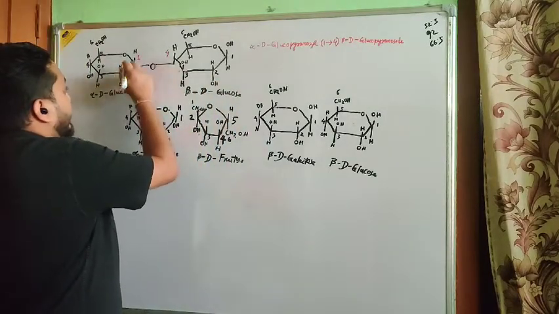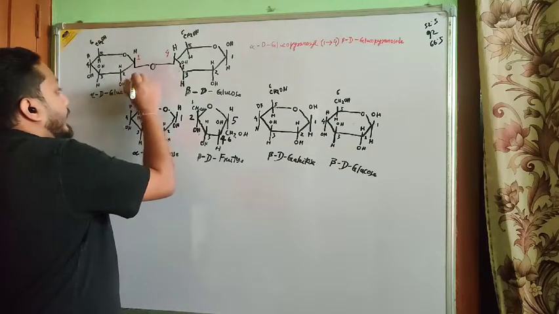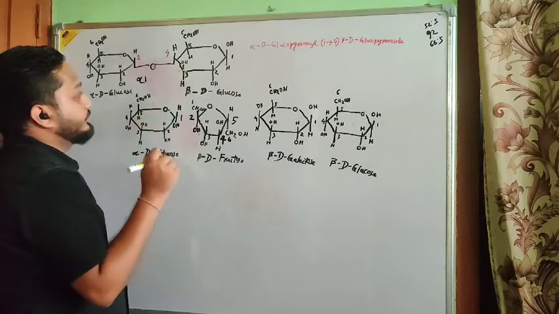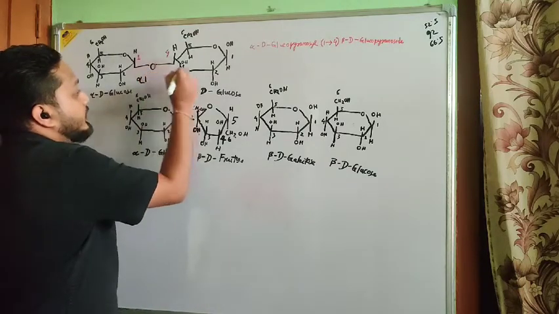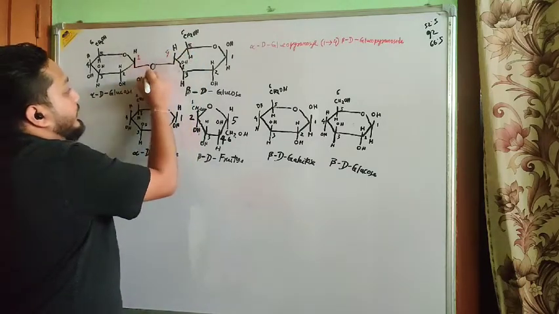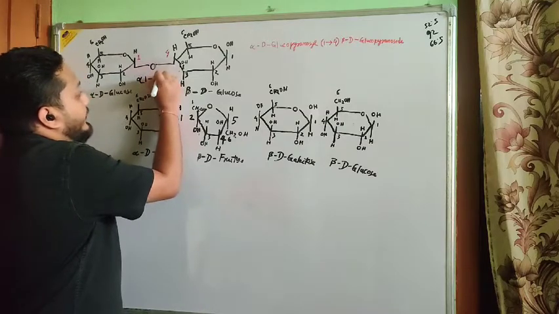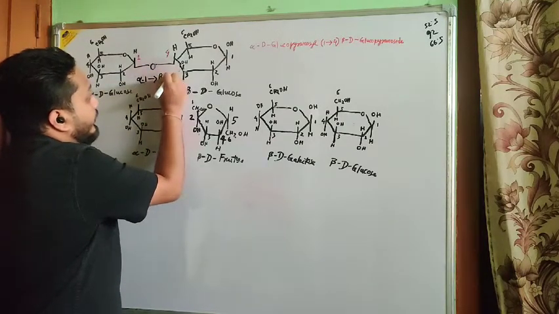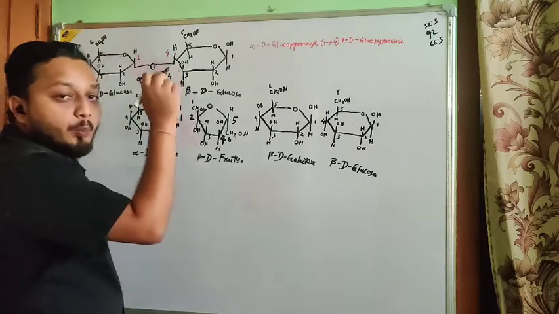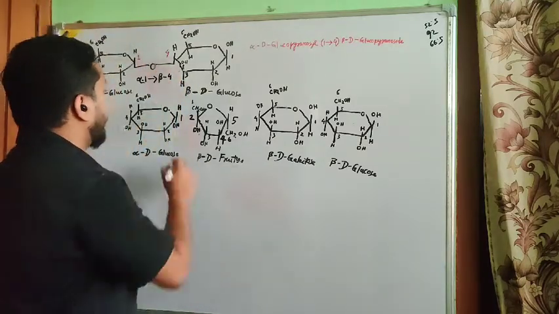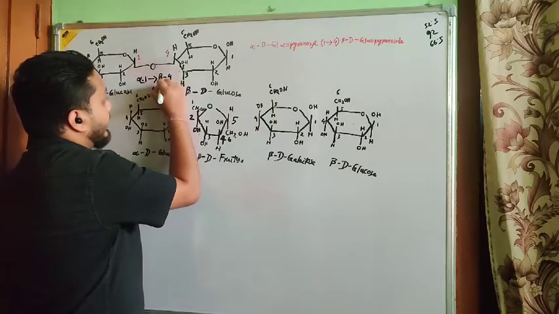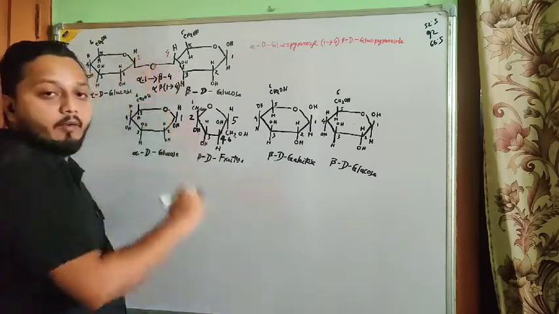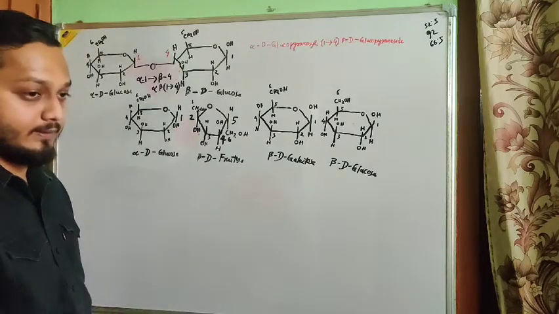This is the carbon number 1 of alpha D glucose, therefore alpha 1. This is the 4th carbon atom of beta D glucose, therefore beta 4. Alpha 1 to beta 4 glycosidic linkage, or you can write like this: alpha beta 1 to 4 glycosidic linkage.